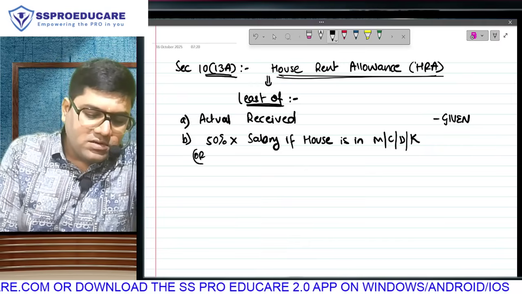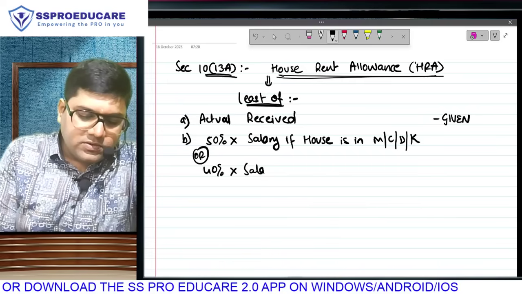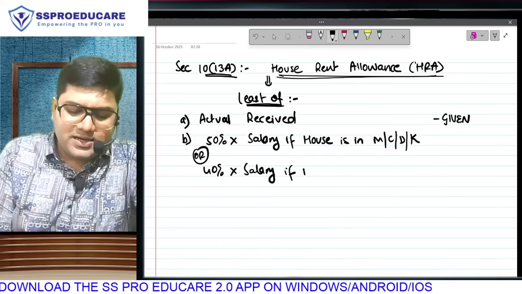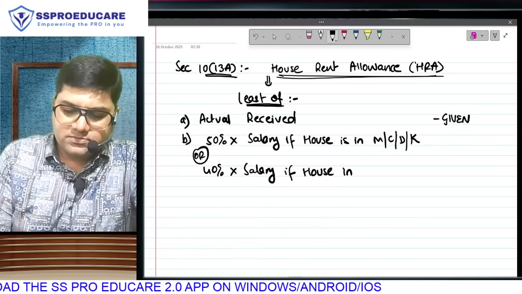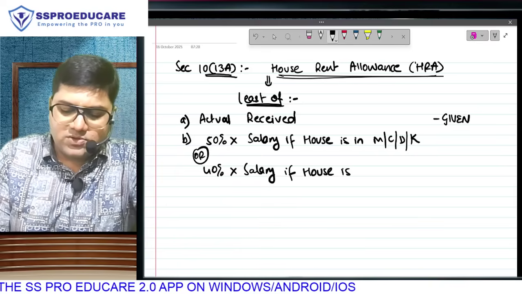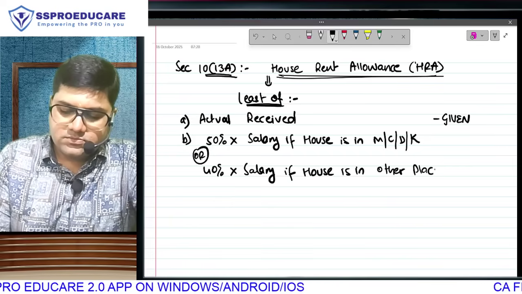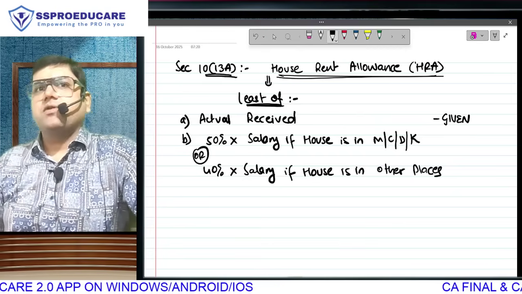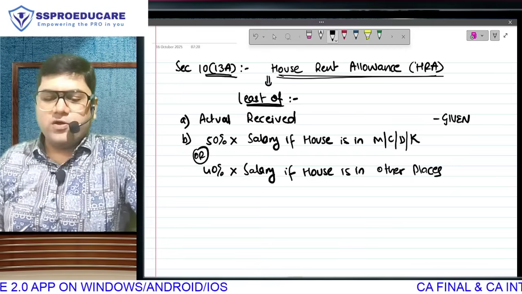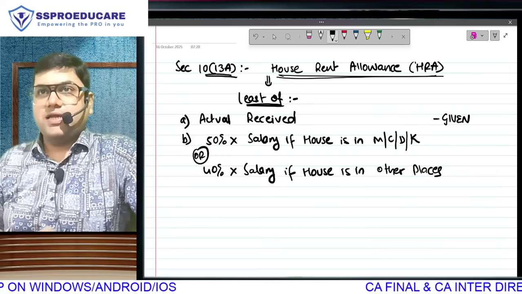However, is it possible that your house is in another place? At another place the expense will be lower, so the exemption also will be lower. So if your house is in Mumbai, Chennai, Delhi, Kolkata, 50% of your salary. And if your house is in other places, then 40% of your salary is going to be your second limit.